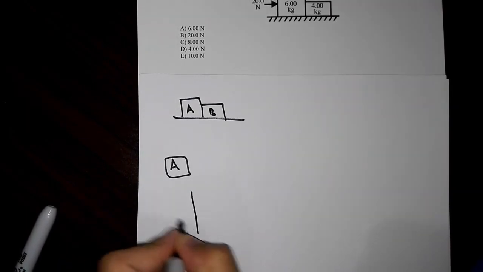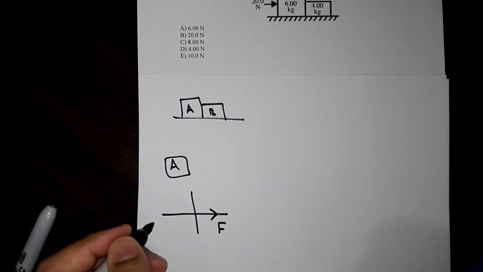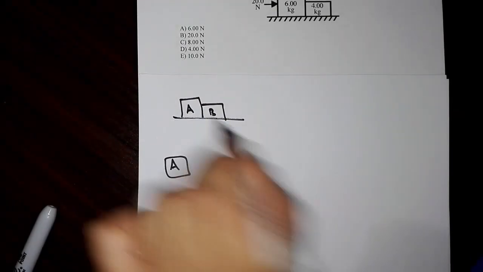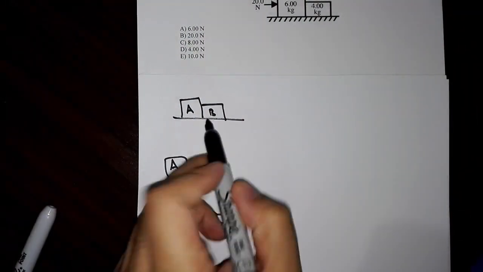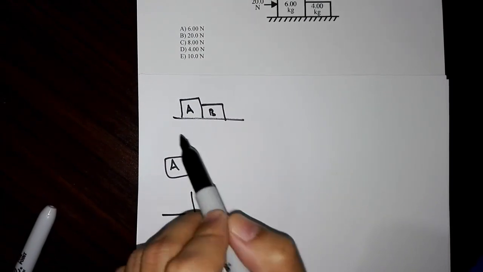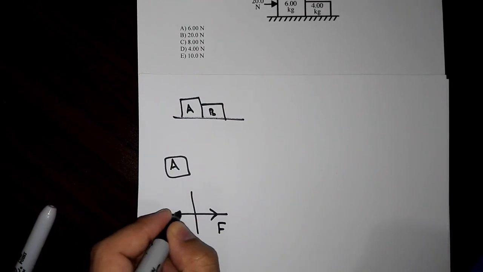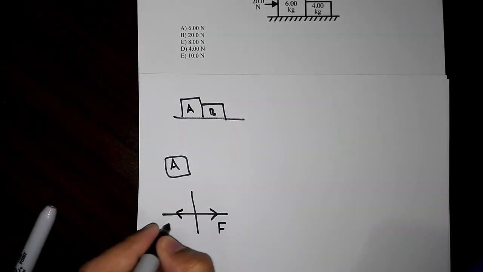there is a force F, which is 20 newtons in this direction. So there is an action-reaction force, which you have to figure out in this question, right? So the block B exerts a force on block A, and block A exerts an equal and opposite force on block B. So that force, let's call that FAB.